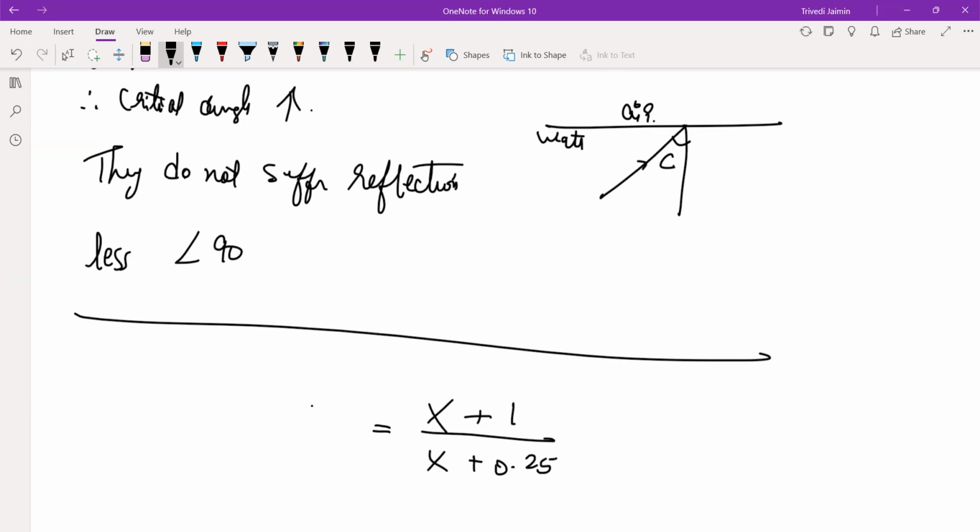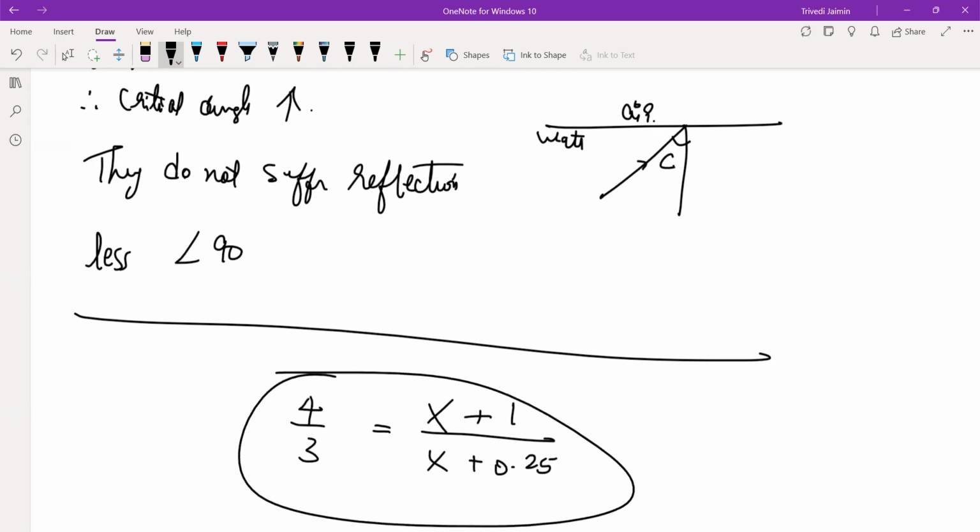And what refractive index was given? 4/3. So if we use this directly, we can find the x value. 4, 25 means 1, 3, 2. I think so. 4x and 3x, so minus 1x. So x is equal to 2. Even I'm getting x equals 2.